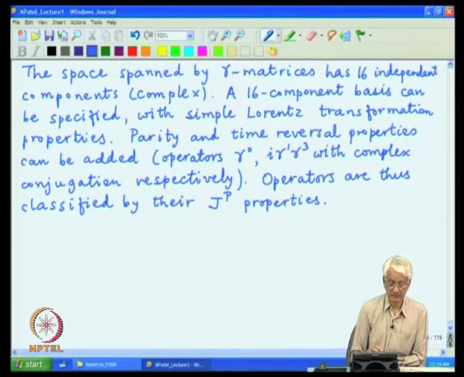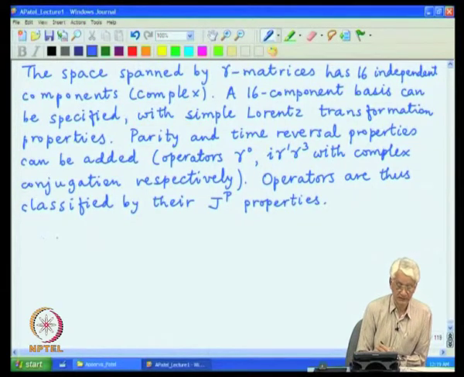So, now let us construct the orthogonal basis.